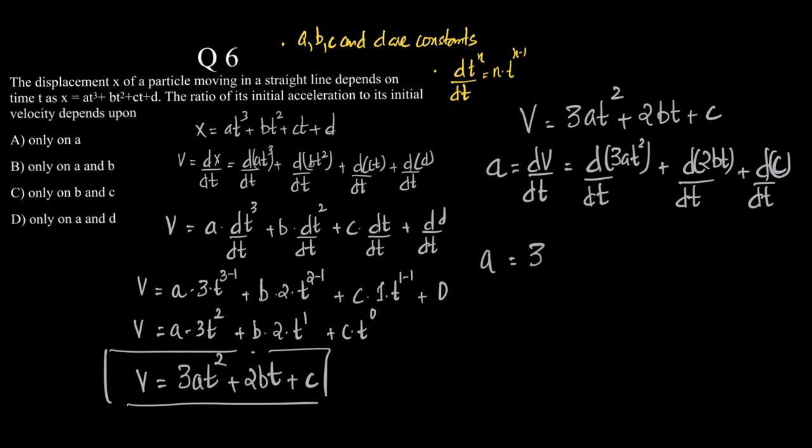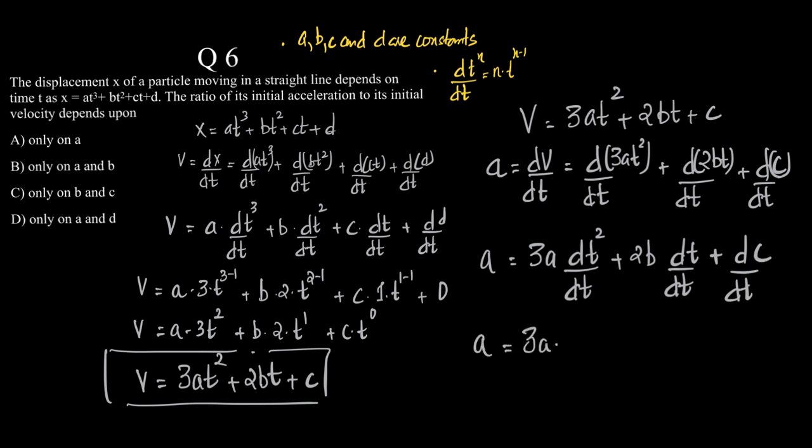So acceleration is equal to 3a into d by dt of t square plus 2b into d by dt of t plus d by dt of c. So acceleration will be equal to 3a into 2 into t raised to 2 minus 1 plus 2b into 1 into t raised to 1 minus 1 plus 0, and a is equal to 6a t plus 2b.